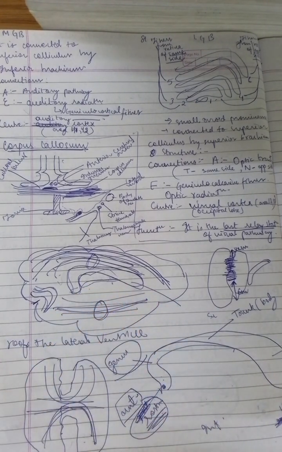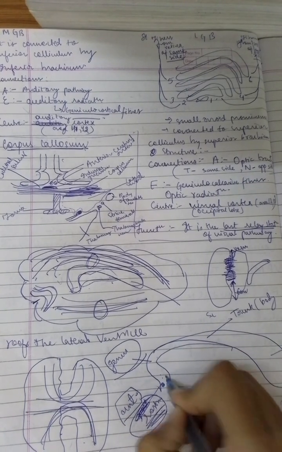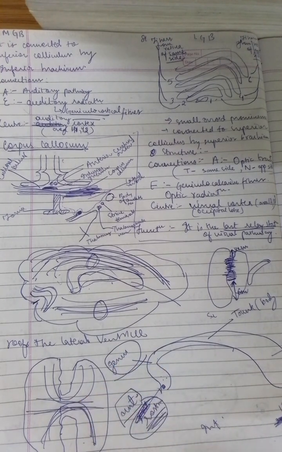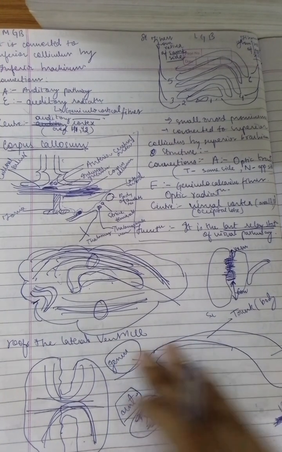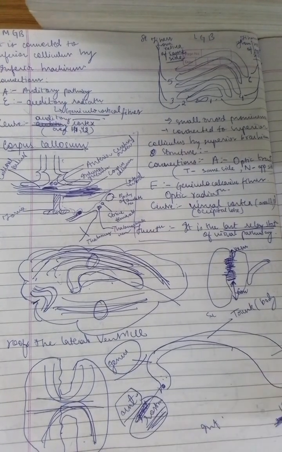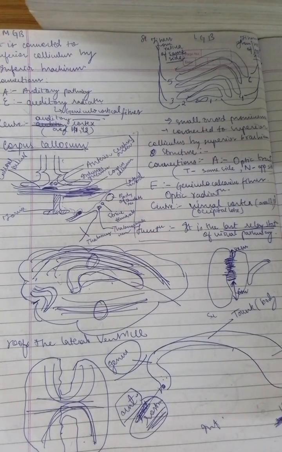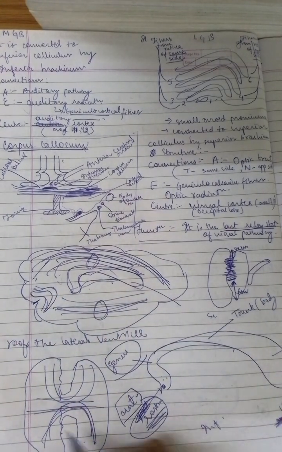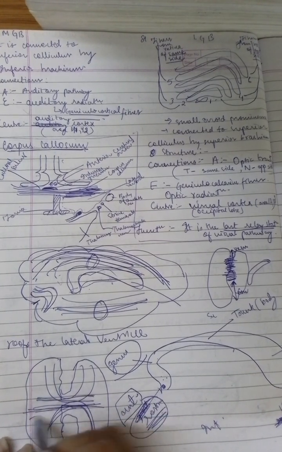If you want to be more specific, you can write that rostrum forms the floor of the anterior part of the lateral ventricle. Then comes the trunk or the body, which forms the major part, and it lies between the genu and the rostrum.